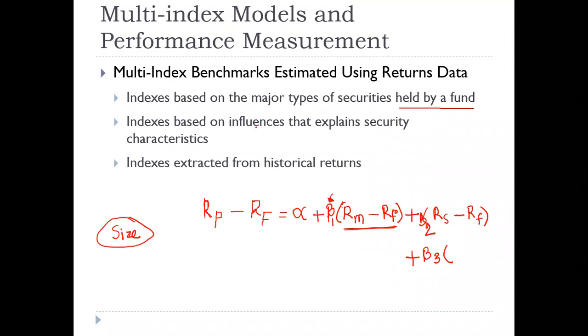So there are some other plausible reasons proposed to explain why small stocks should outperform and big stocks should underperform in future.